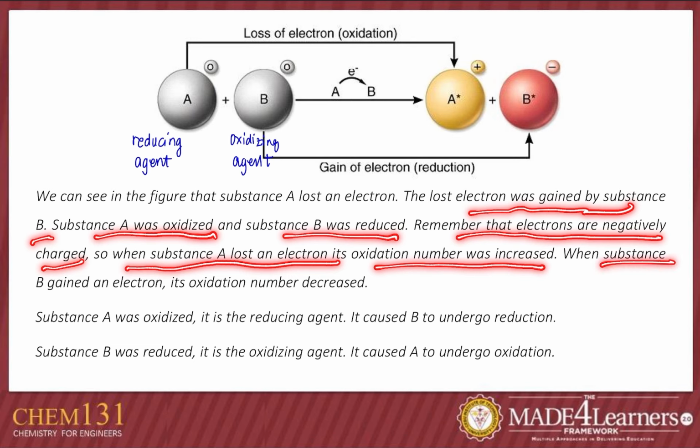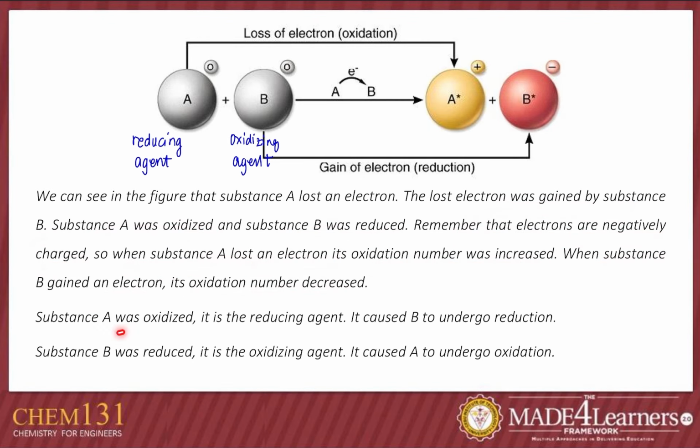And when substance B gained an electron, its oxidation number decreased. Substance A was oxidized. It's the reducing agent. It caused B to undergo reduction. And substance B was reduced. It is the oxidizing agent. It caused A to undergo oxidation.